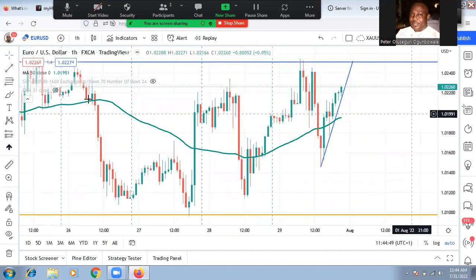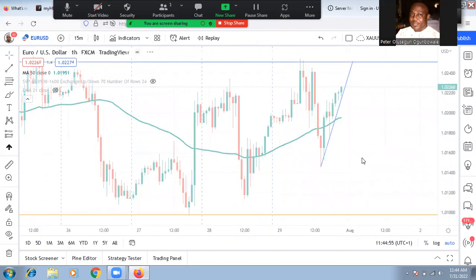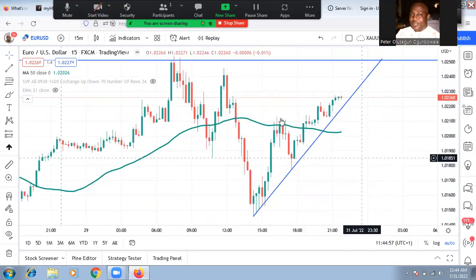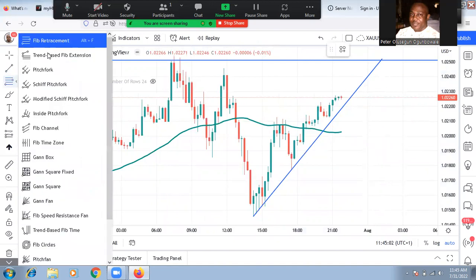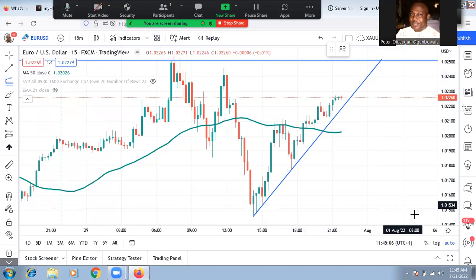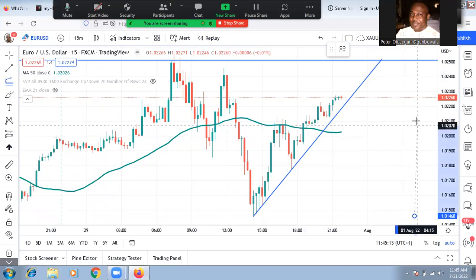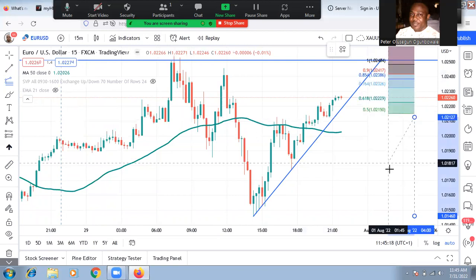If I look at the internal structure of this, let me see. Yeah, internal structure, let me pick something here and see where it's going to get to. From the tip here, I don't really think I have to spend time on this, because it's going to be a 3-wave structure to the upside and down to this level.